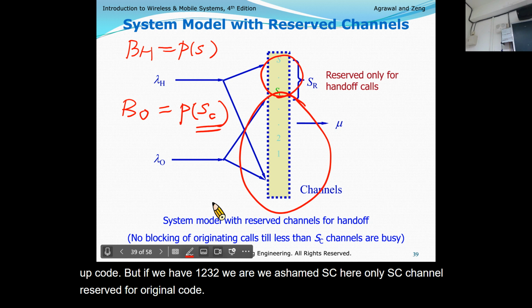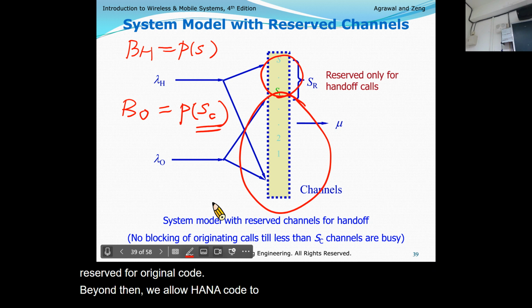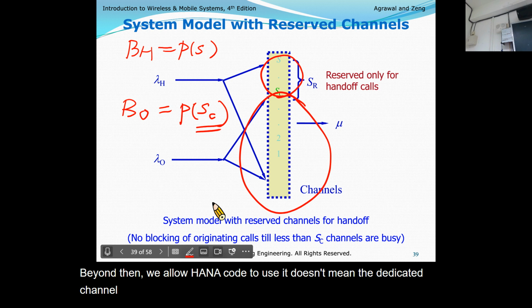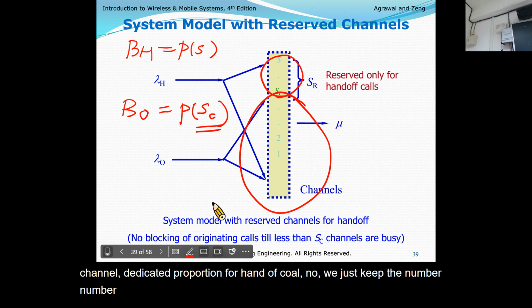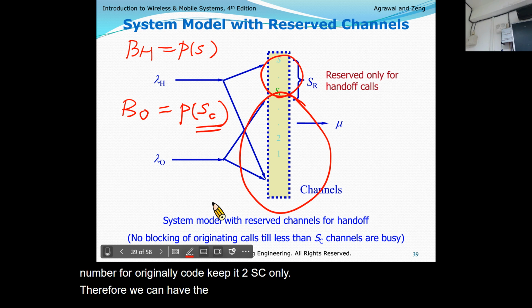Beyond that, we allow handoff code to use. It doesn't mean a dedicated portion for handoff code. No, we just keep the number for originating code to SC only. Therefore, we can have the relationship like we used to have for the derivation. Okay, for group 1, right?